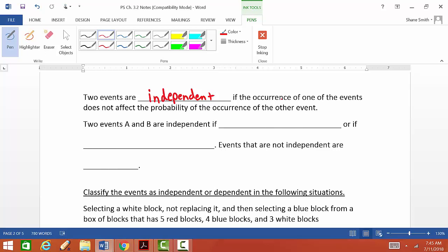No, we would pretty much say it's still 50%, because why would the black pair of socks in my sock drawer be related to whether it's going to rain or not that day? Those are totally independent. Something else that's independent: let's say I flip a coin and I get heads, and I flip another coin and I get heads. What's the probability that I get heads on the next coin flip?